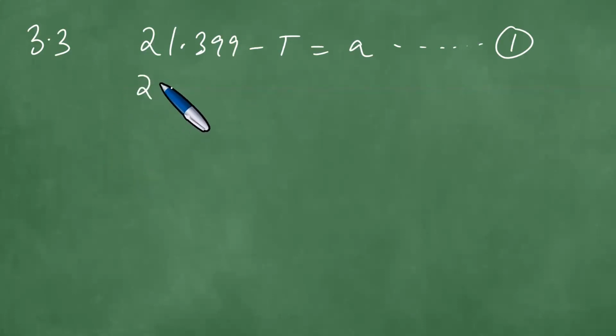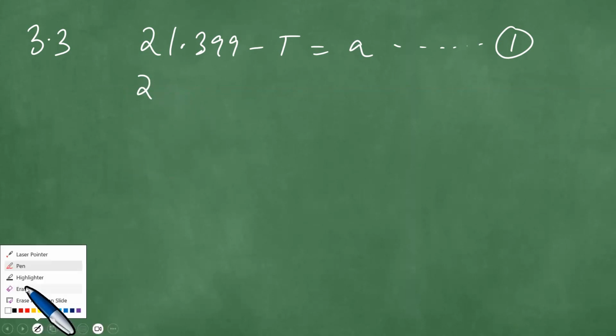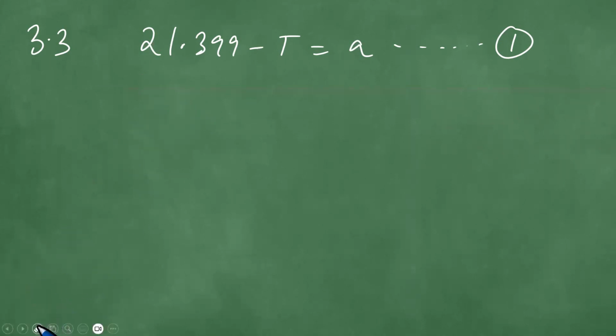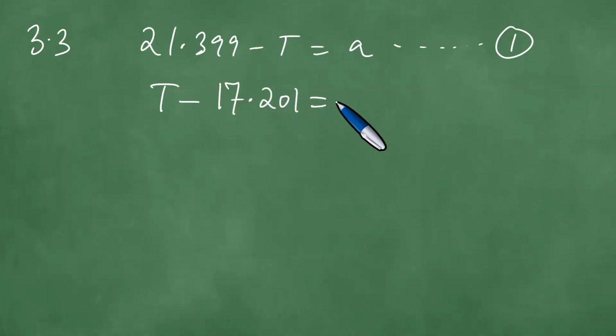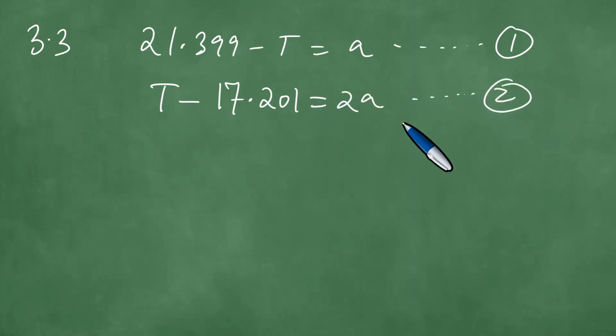The next one is tension. Tension minus 17.201, which equals twice A, call it equation 2.